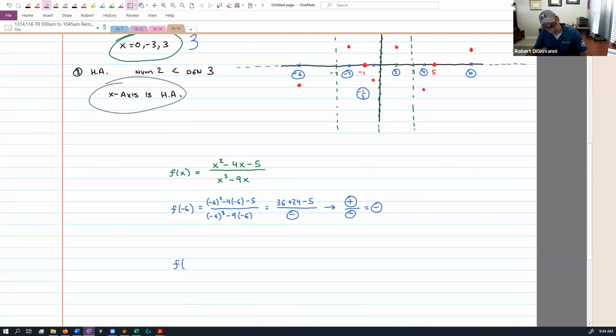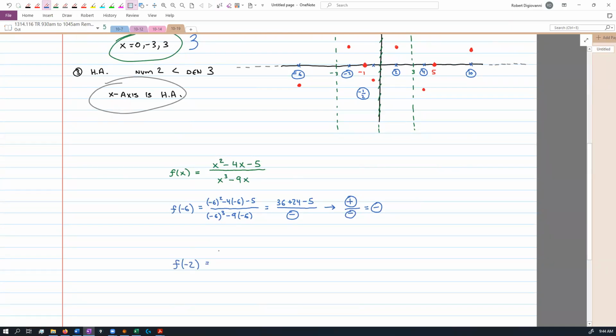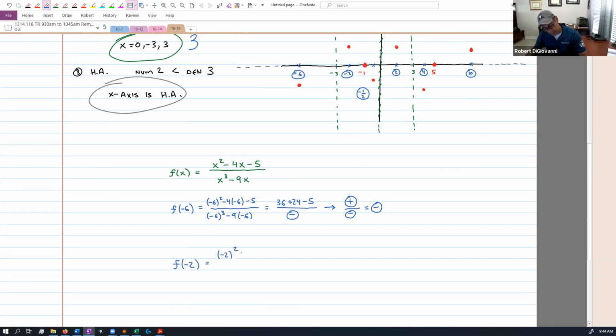So f of -2: -2 squared minus 4 times -2 minus 5, all over -2 cubed minus 9 times -2. -2 squared is going to be 4. Then you have -4 times -2, that's +8, and then -5.